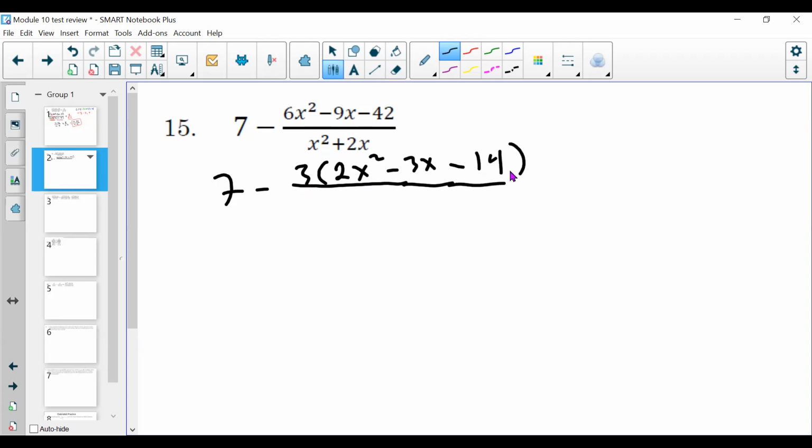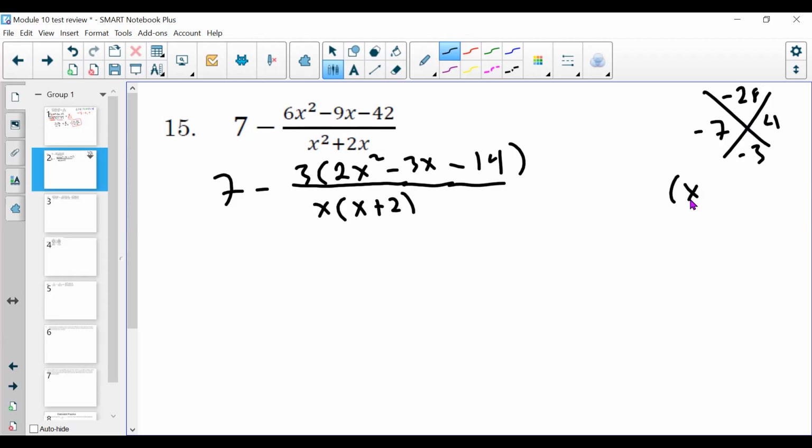Right, 12, yeah, 14, all over x squared plus 2x. I can factor out an x and be left with x plus 2. And then I still want to factor out this 2x squared minus 3x minus 14. So I need factors of -28 that add up to -3. That's going to end up being 7 and 4: -7, +4.